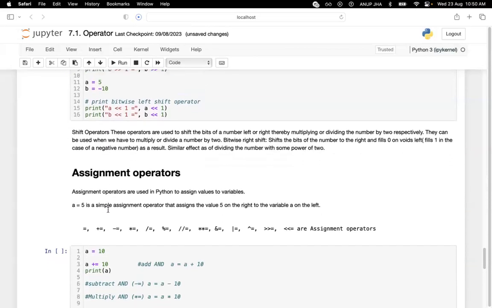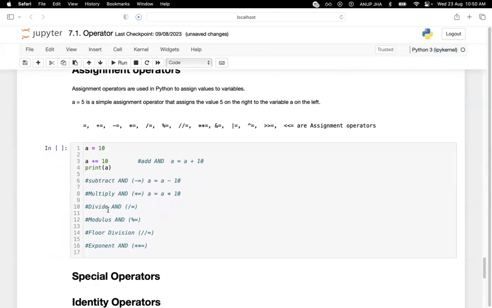Now let's come to the assignment operator. This is called assignment operator. This is not equal to, this is assignment operator. How this operator works is equal, plus equal to. Let's understand this.